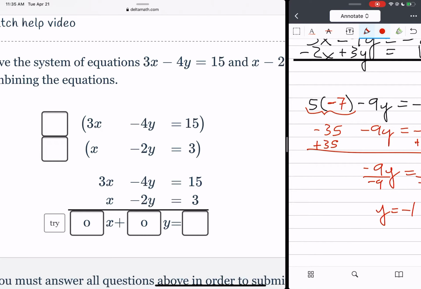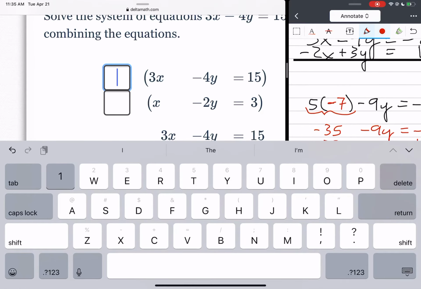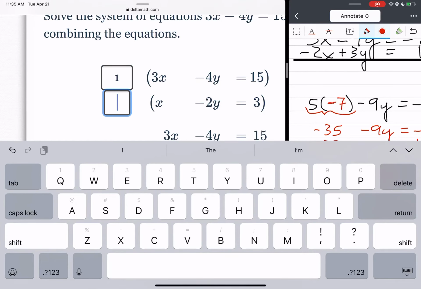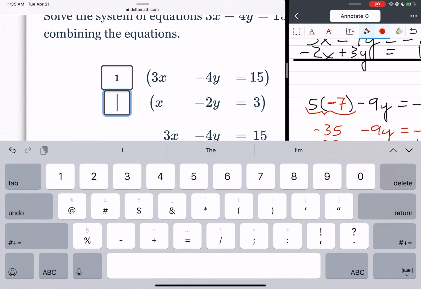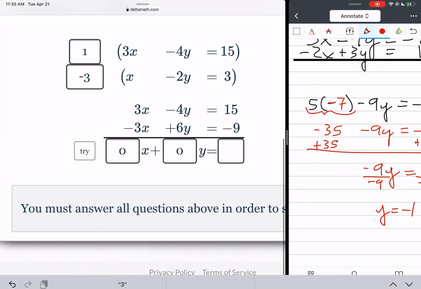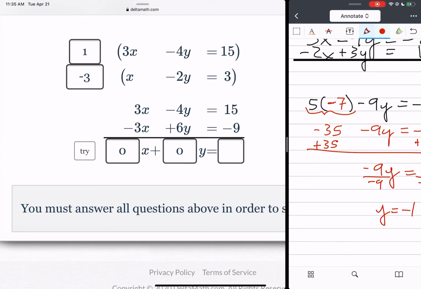So in this case, if I want to eliminate x's first, if I leave 3x as is and then 1x, replace that with a minus 3, now those x's eliminate. And then I solve for y.